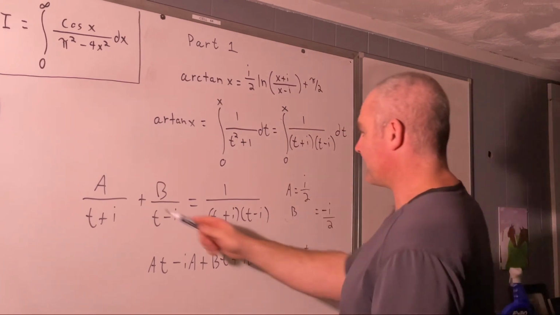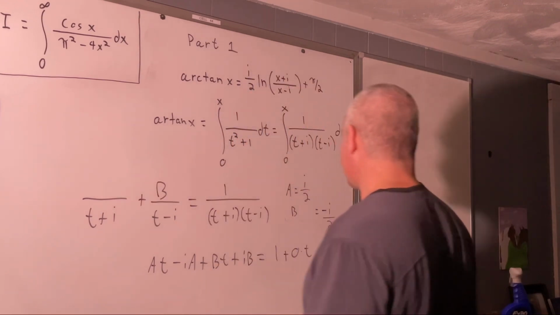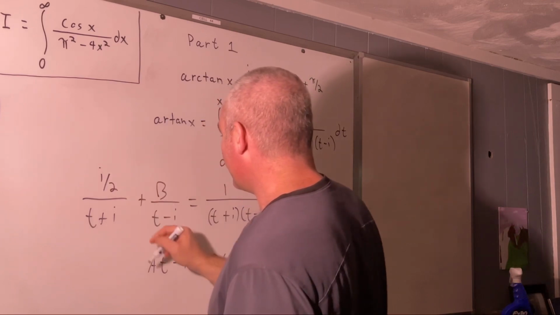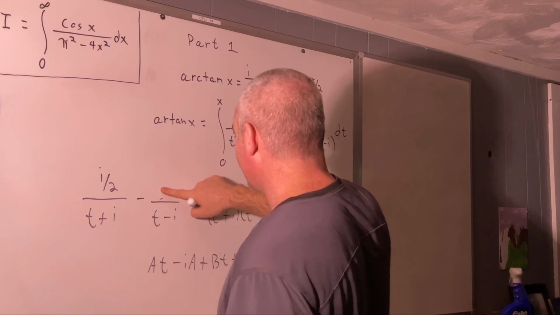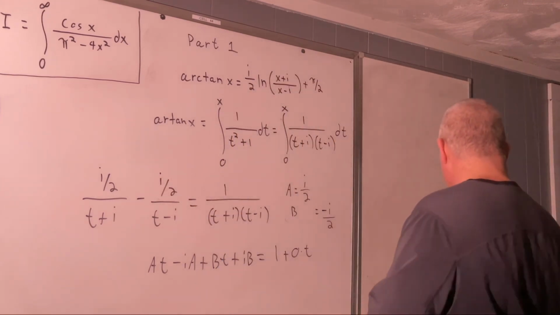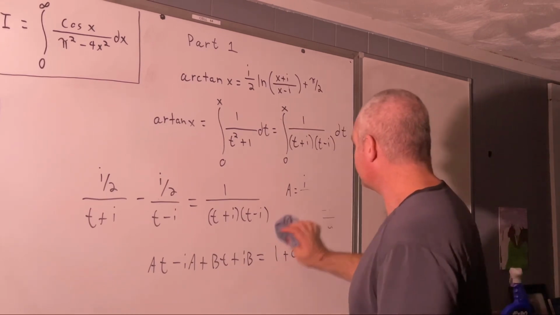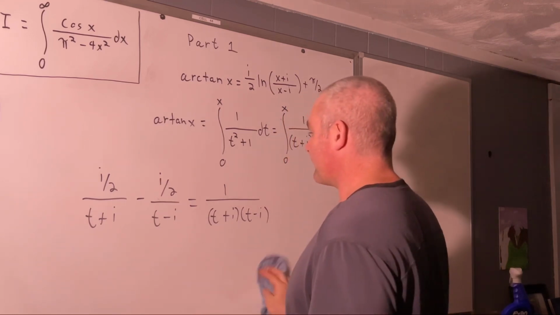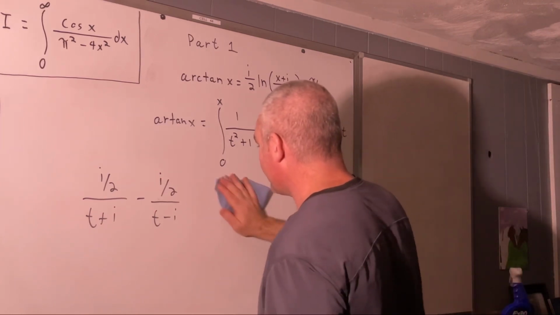Now we can replace a and b with i over 2 and negative i over 2 respectively. So there's the partial fraction decomposition on this. So I'm going to erase this part too.